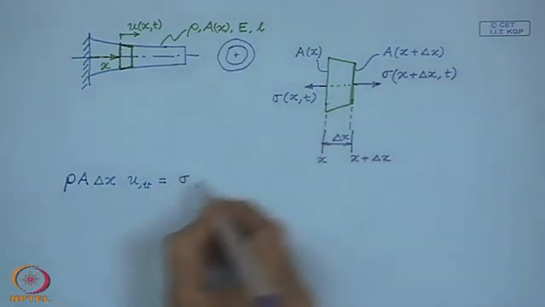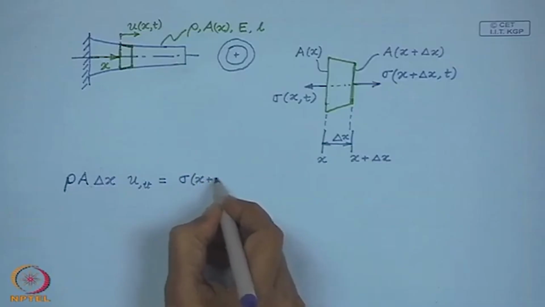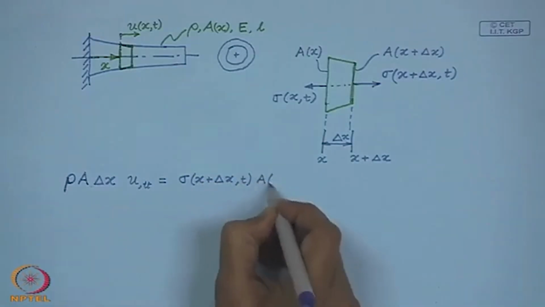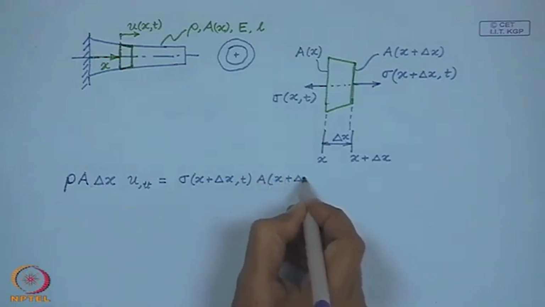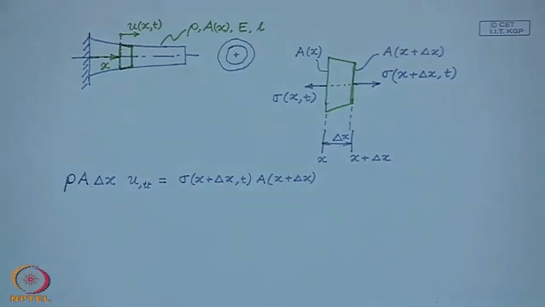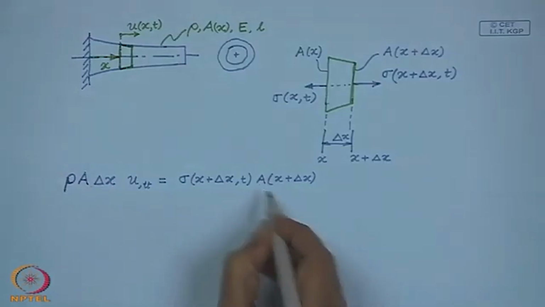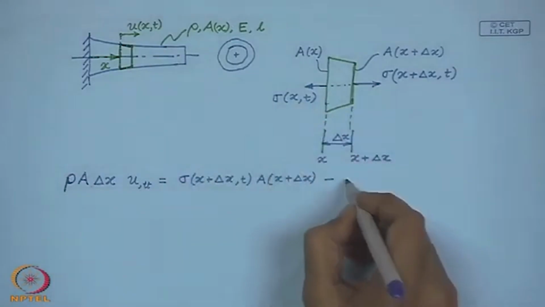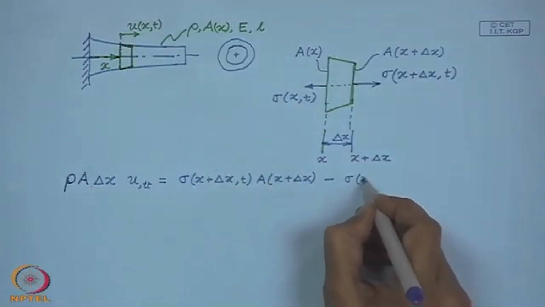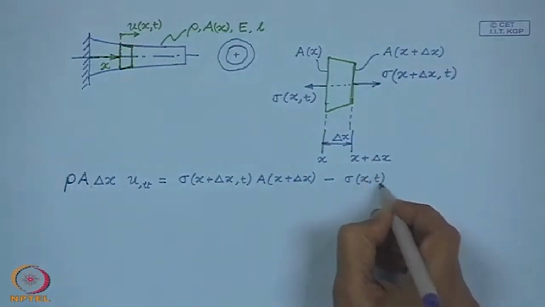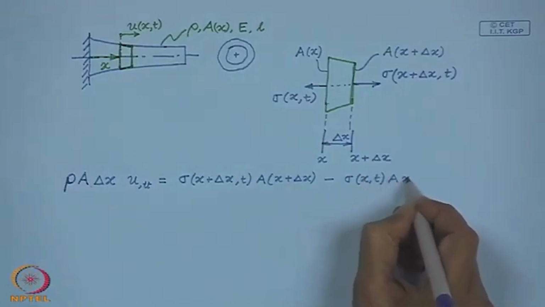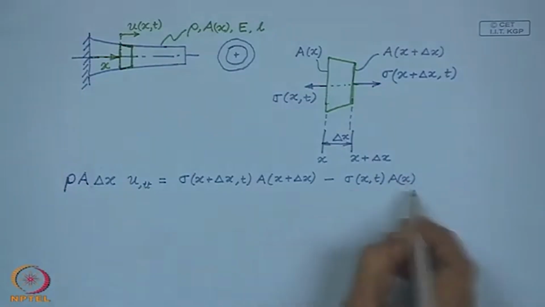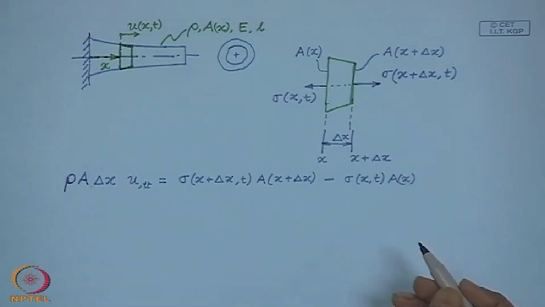So, the force on the right face is given by sigma times A on the right face minus the force on the left face which is given by sigma times A on the left face.